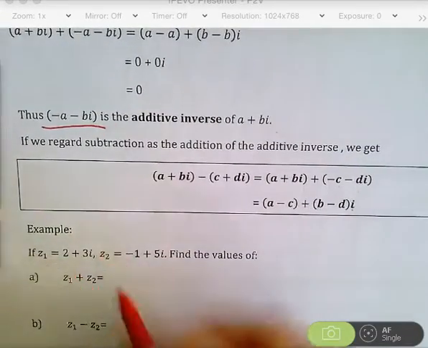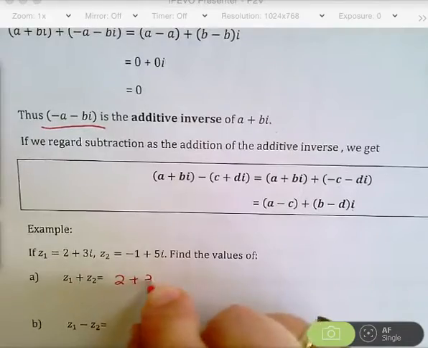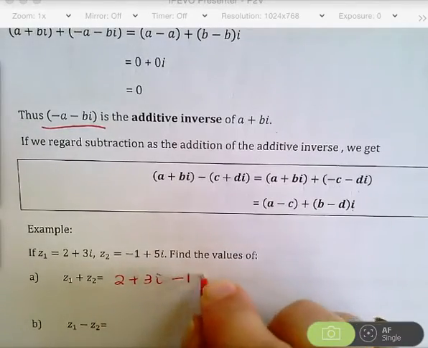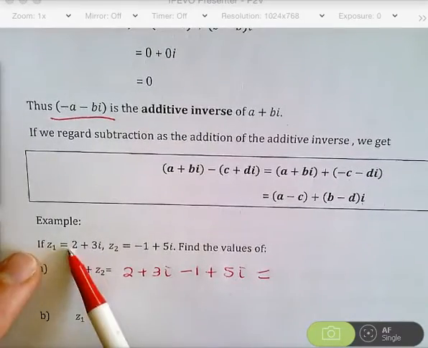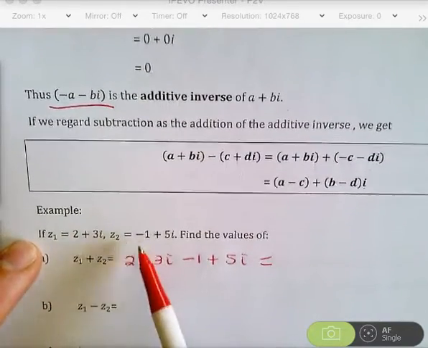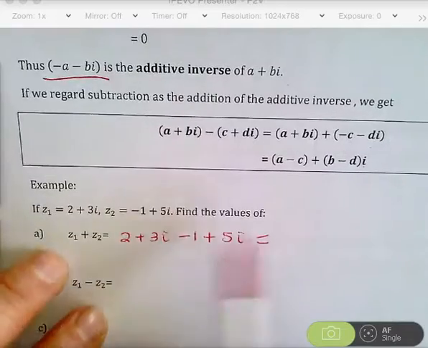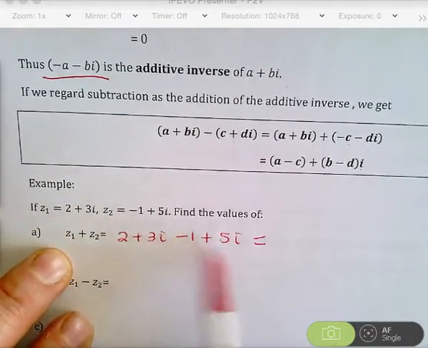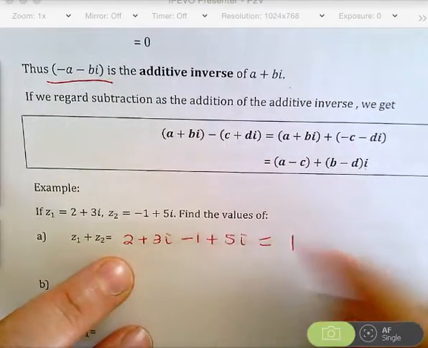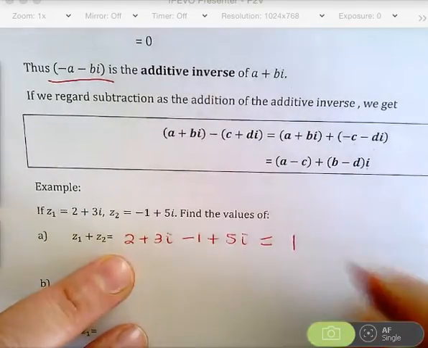What have you got here? Isn't that just 2 plus 3i minus 1 plus 5i? Here we're adding first. So if z1 is 2 plus 3i and z2 is minus 1 plus 5i, find the values of these. So z1 is that, z2 is this. What do I get? 1 plus 8i.